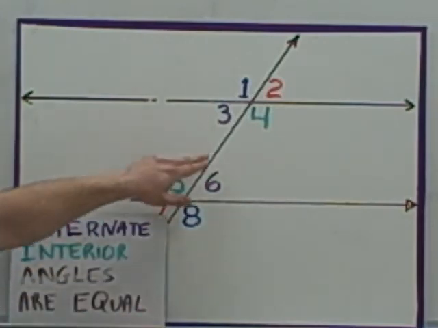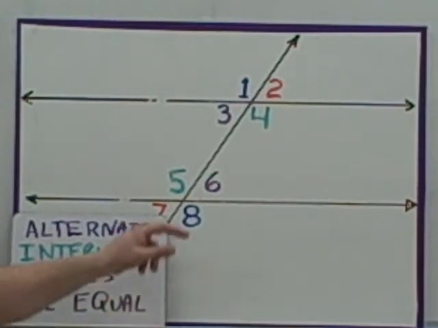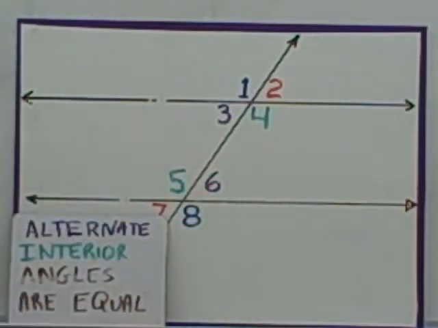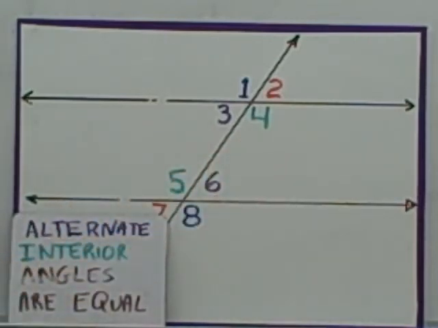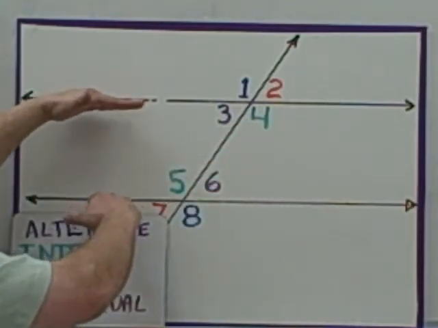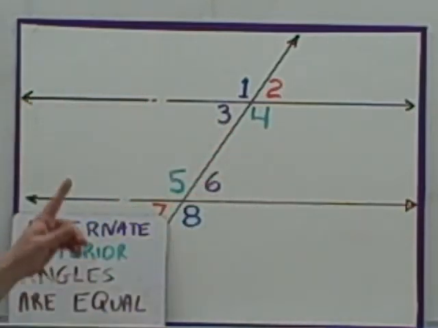As it turns out, alternate interior angles are equal, which means 3 and 6, the purple numbers, are equal. 4 and 5, the green numbers, are equal. And the justification is that they are alternate interior angles. All of them are inside, and they're on opposite sides of the transversal.